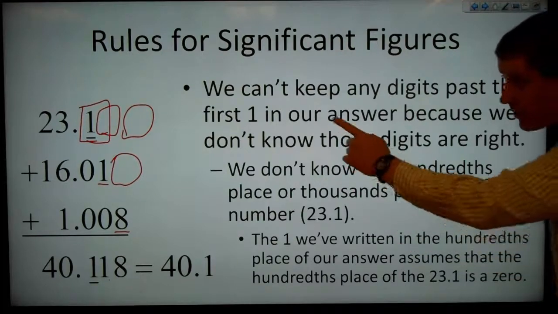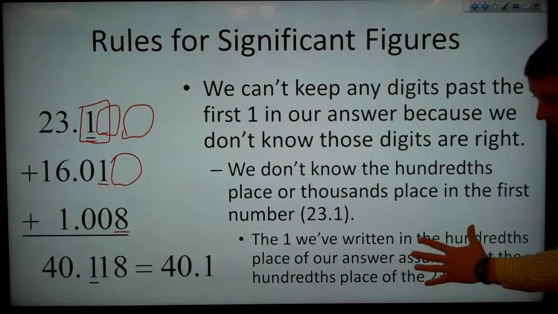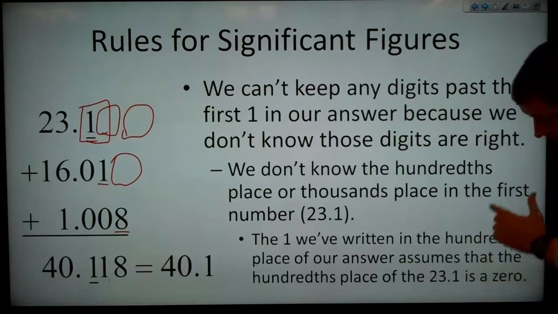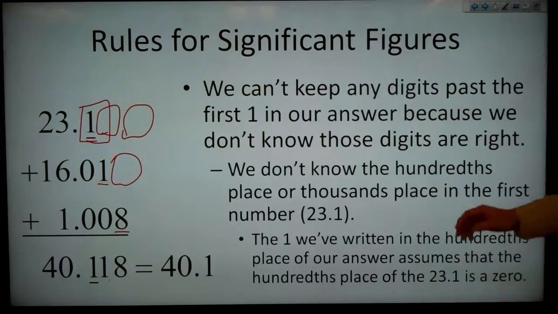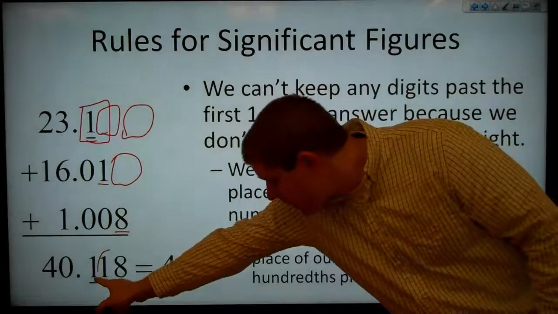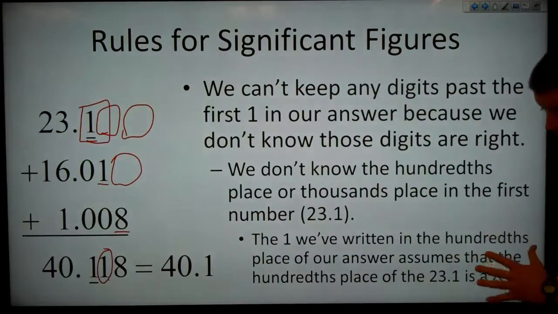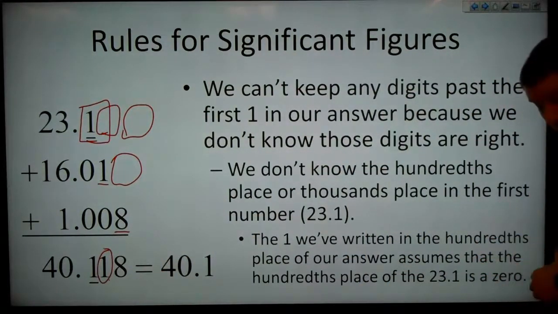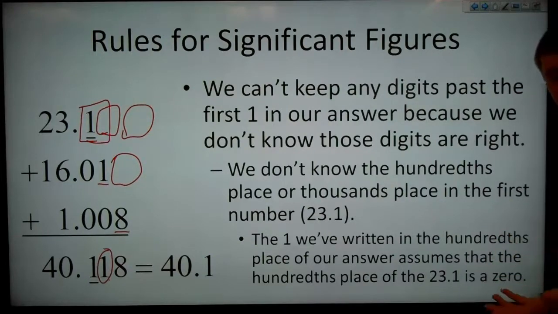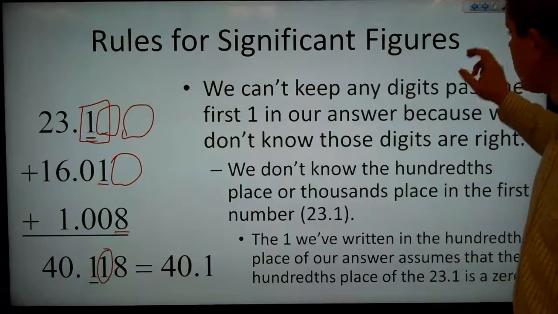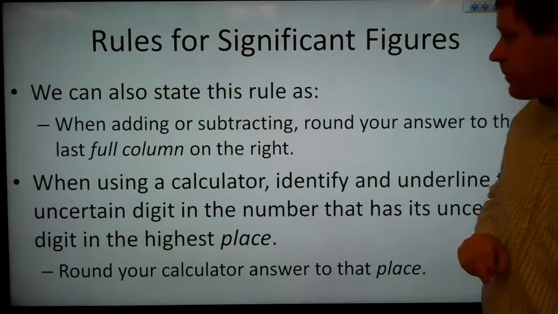In our first number here, the 23.1, the 1 that we've written in the hundredths place of our answer, this one, assumes that the hundredths place of the 23.1 is a 0, which we don't know. So we can't write any digits past that.